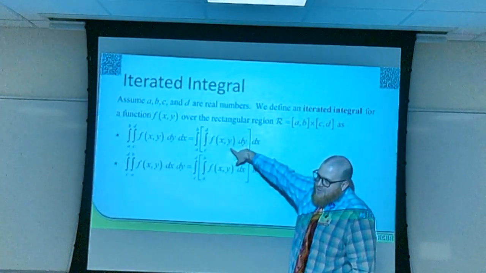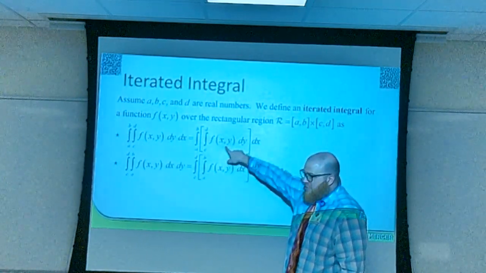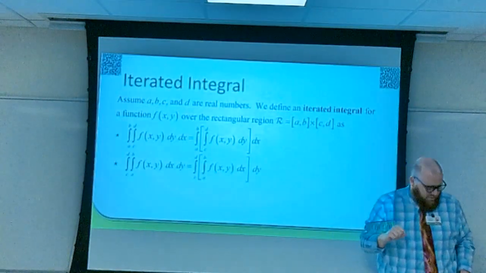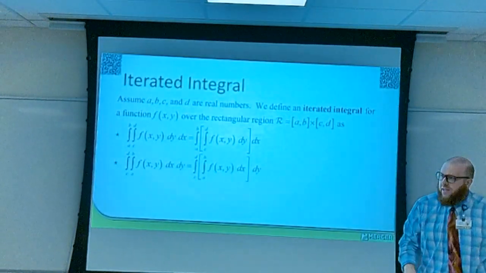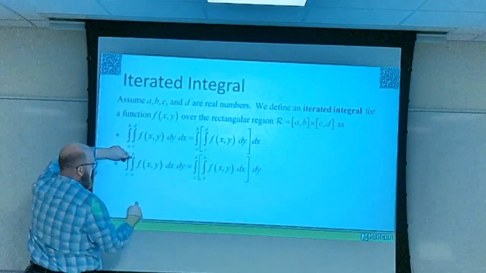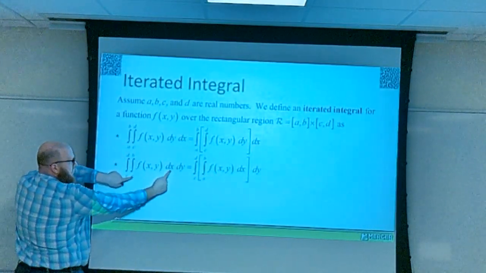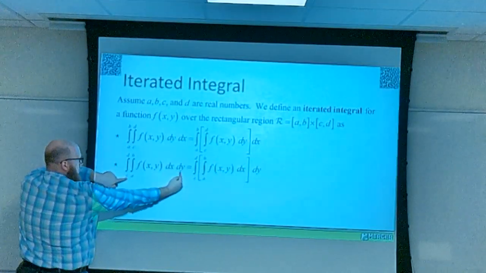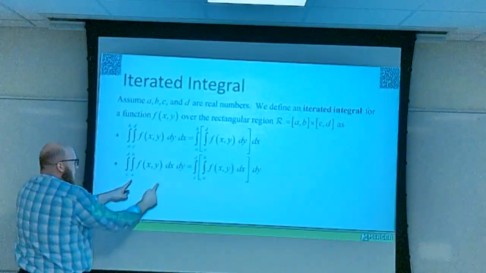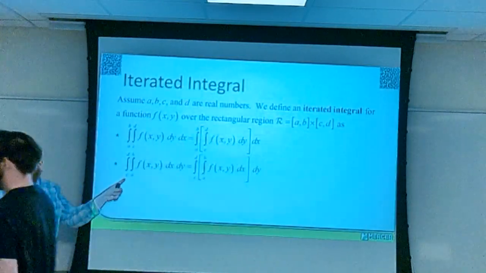So if it's dx dy, you always do the inner one first. Inner first. So this goes together, then these go together. So it's the integral dy of the integral dx.